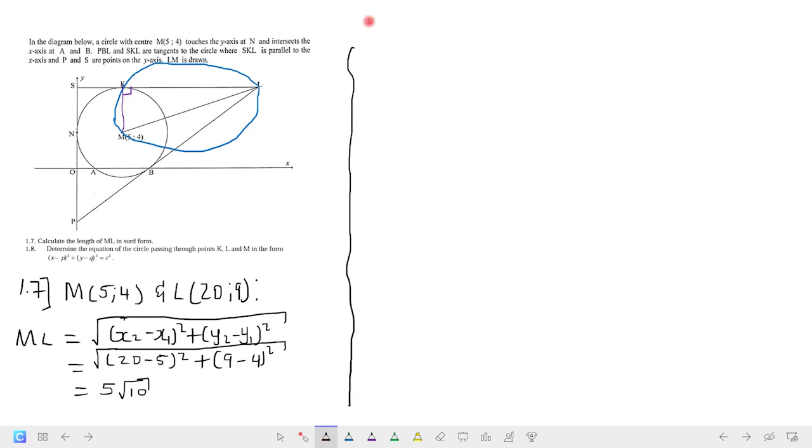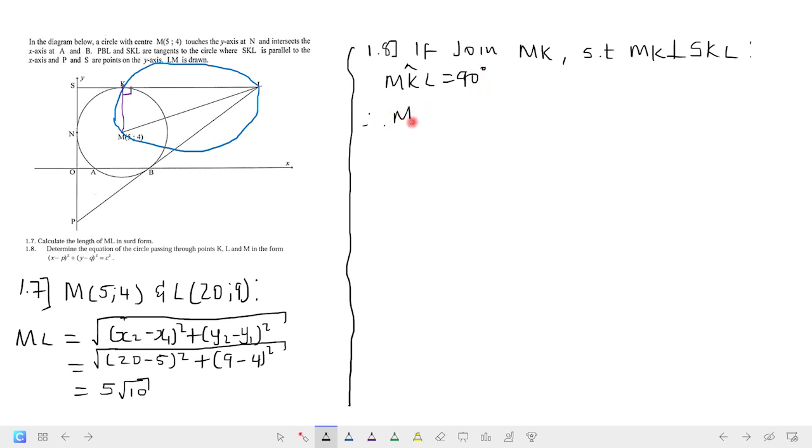So this means in 1.8, the first thing you see is if we join MK, such that MK stays perpendicular to SKL, you see that MKL is 90 degrees, right? So therefore ML is a diameter.